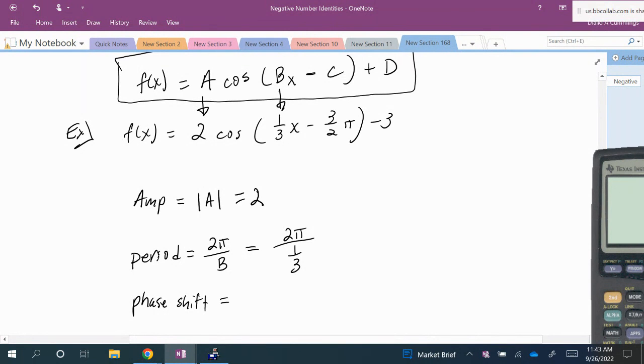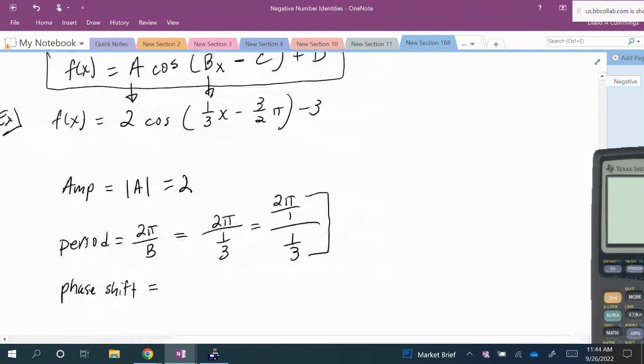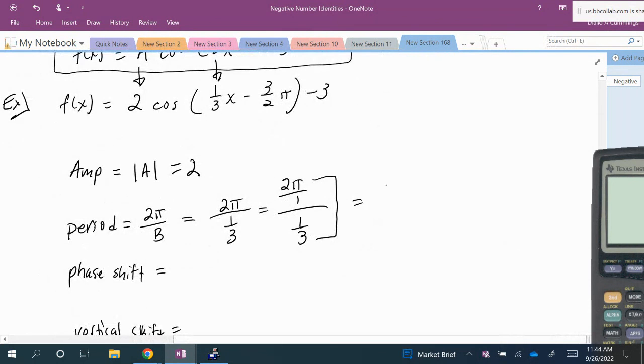If I change the numerator to a fraction, I'm going to have 2 pi over 1, because 2 pi over 1 is 2 pi, divided by 1/3. Then I can multiply the very top and the very bottom: 2 pi times 3 is 6 pi. I multiply the bottom of the top and the top of the bottom: 1 times 1 is 1. So I get my period as 6 pi.